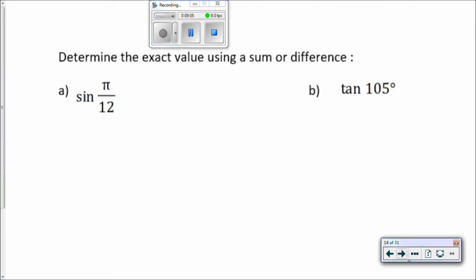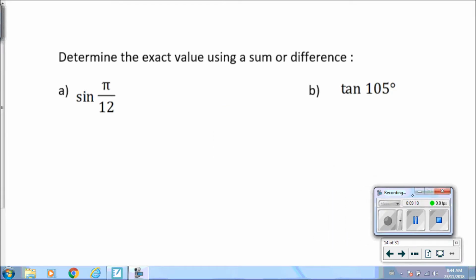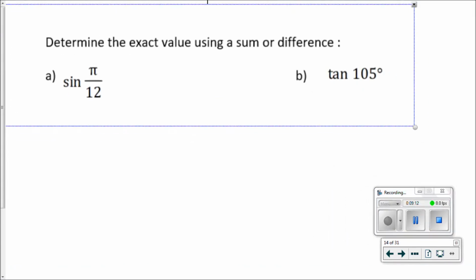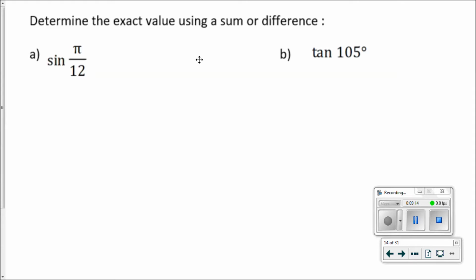All right. Coming up next, we're looking at determining the exact value. So that means with roots and things, we're not rounding a number we got in our calculator, using a sum or difference.